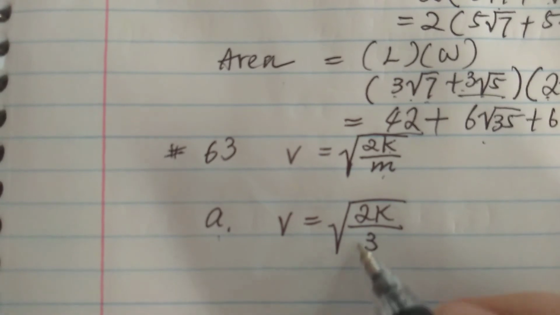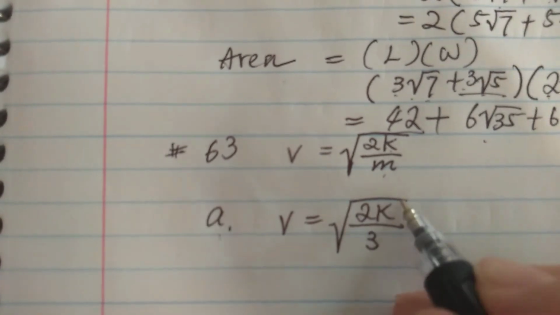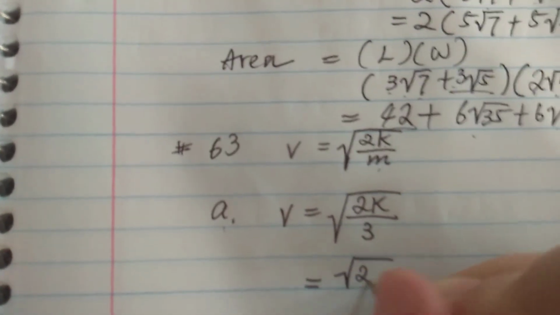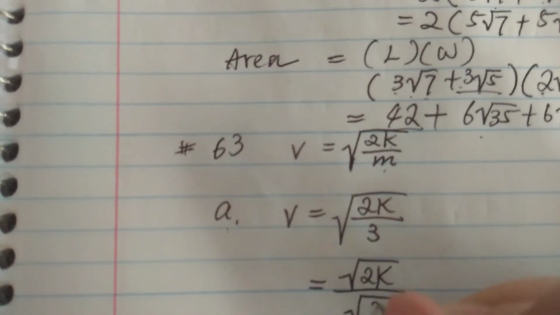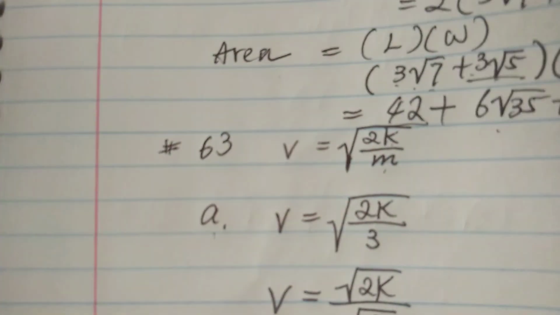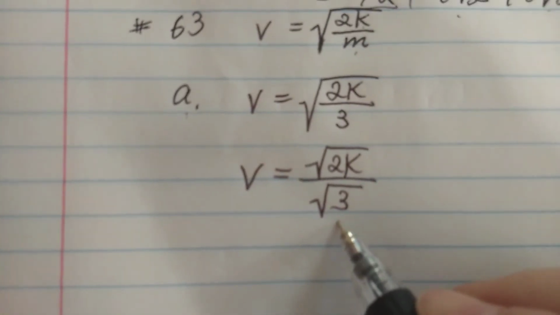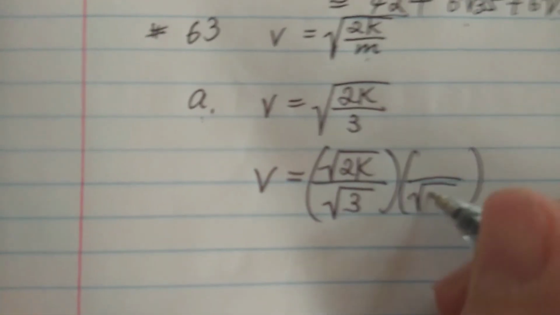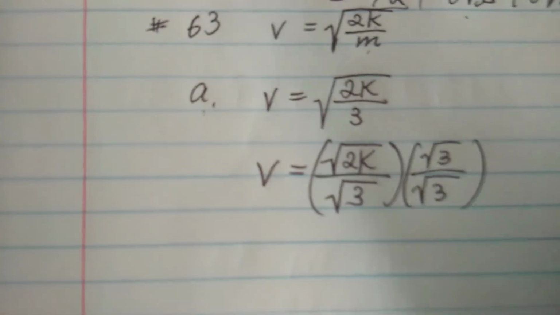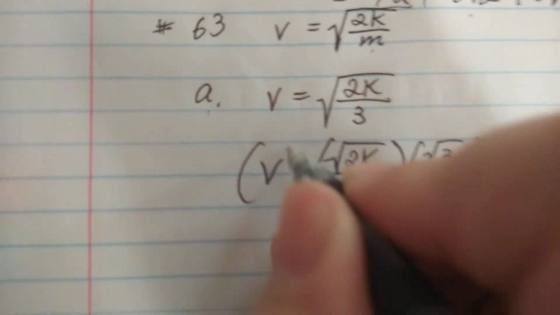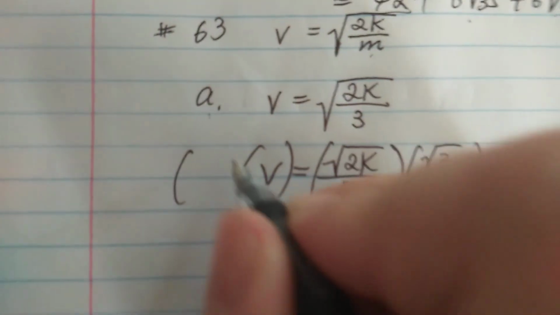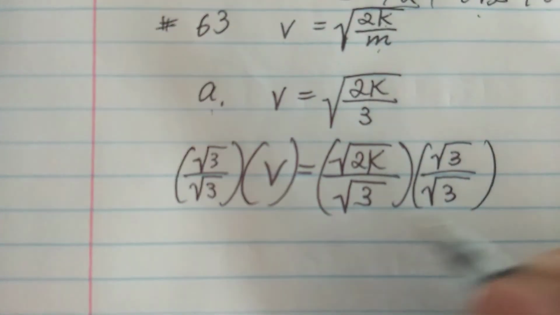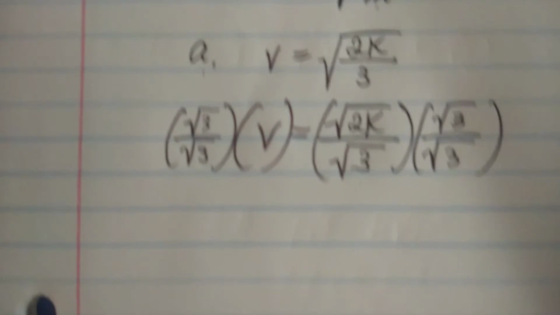Now this 3 is in the denominator, and this radical covers the whole thing. So it really is saying that this is 2k over radical 3. That v is this. We cannot have a radical in the denominator, so we're going to rationalize this. Whatever you do on this side, you do on this side.